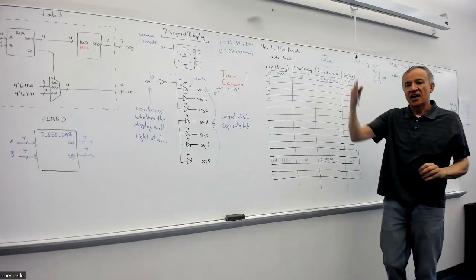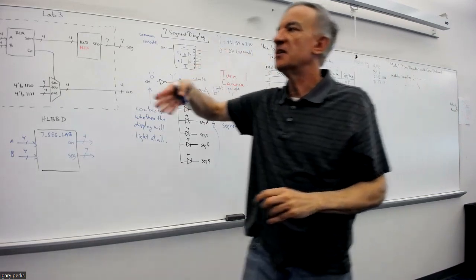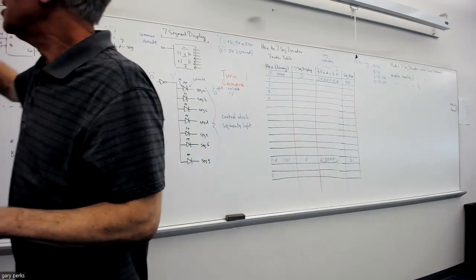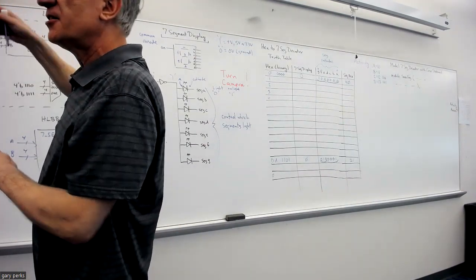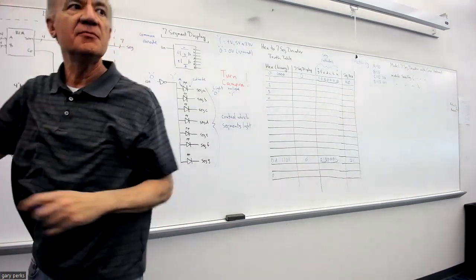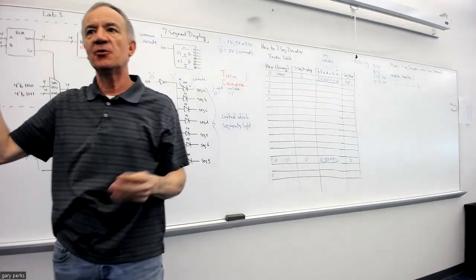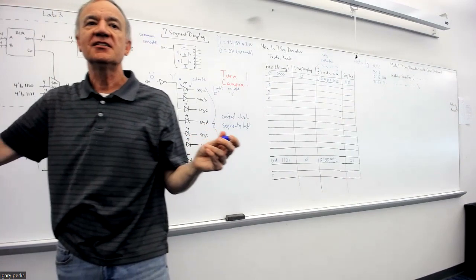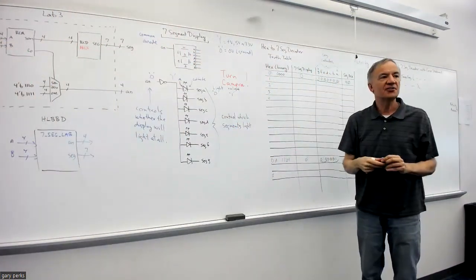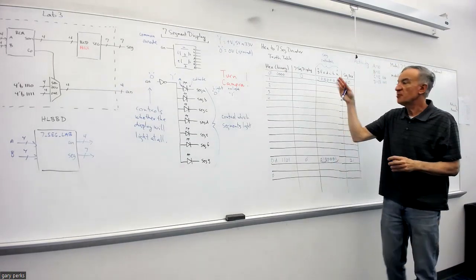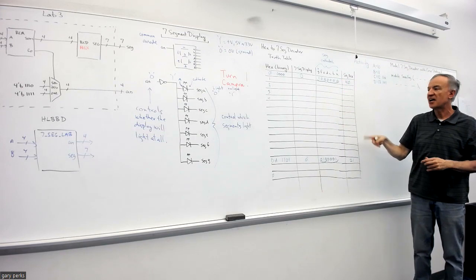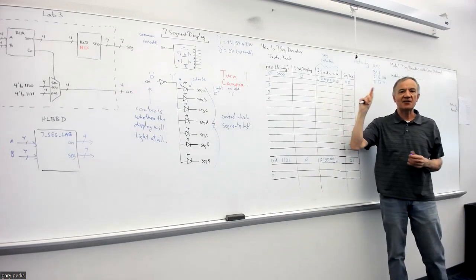Hopefully you remember, because I mentioned this in my intro to Vivado video, that in the timing diagram there's a little gear wheel. If you click on that, you can have the outputs displayed in whatever base you want: binary, base 10, and also hexadecimal. So here you might want to choose hexadecimal, because it'll be a lot faster to check the hex values than the bit values in binary.